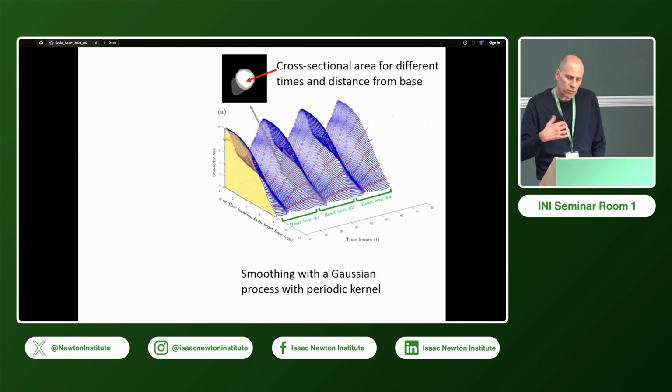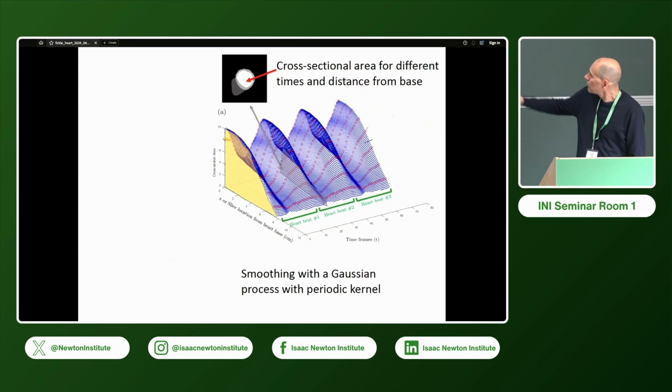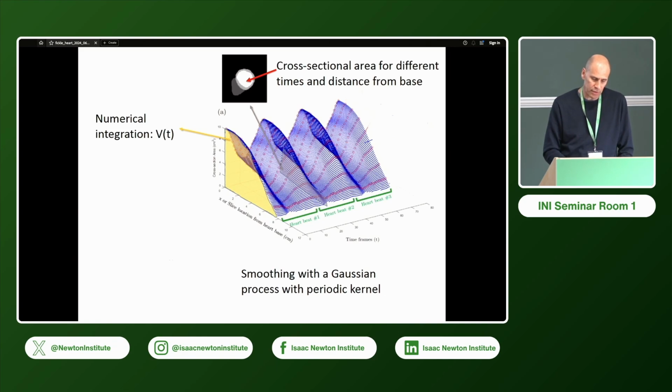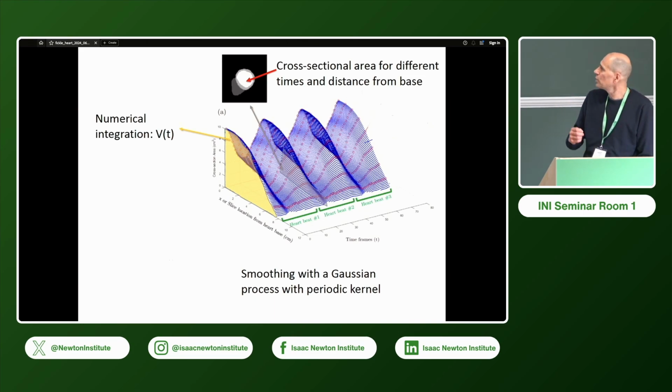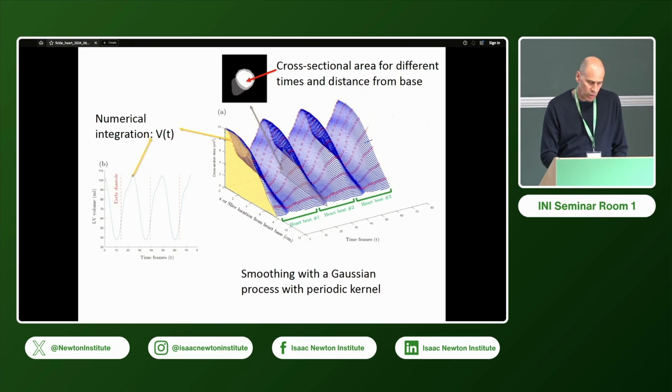So you identify the right ventricle, the background, the left ventricle wall, and then the inner cavity. Then you look at the cross-sectional area for different times and different distances from the base. All these green circles are cross-sectional areas. We smooth the whole process with a Gaussian process using a periodic kernel, and then we can get the volume at a specified time point by numerical integration. That gives you a time series of volumes.